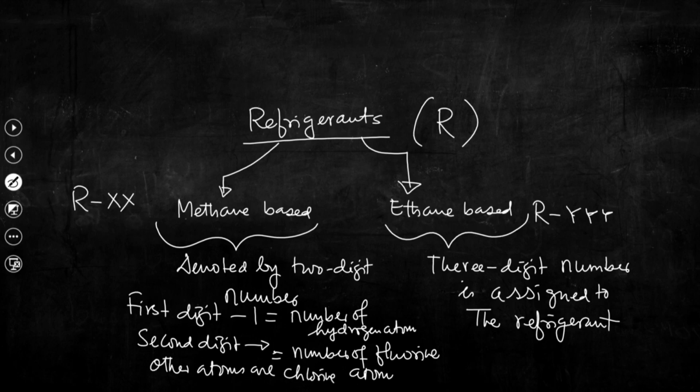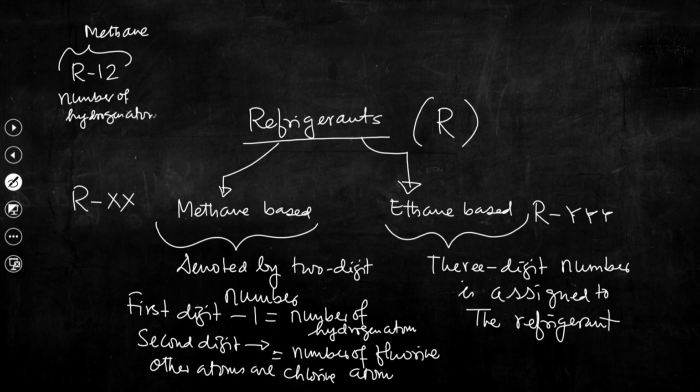So, for example, R12. This is methane based, we can see because it has 2 digits, 1 2. Basically first digit minus 1 is the number of hydrogen atoms. So, first digit is 1, so number of hydrogen atoms equal to 1 minus 1, that equal to 0.